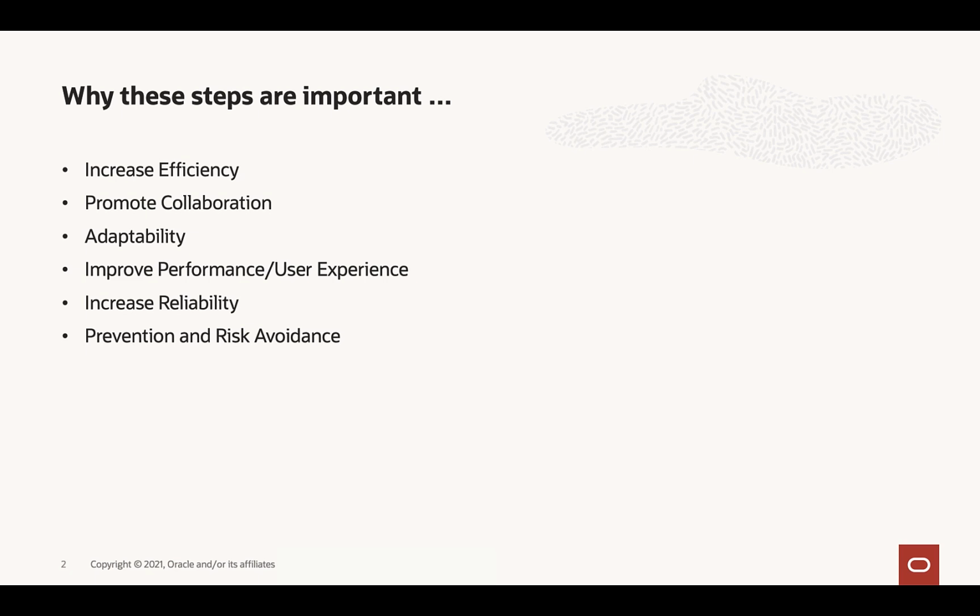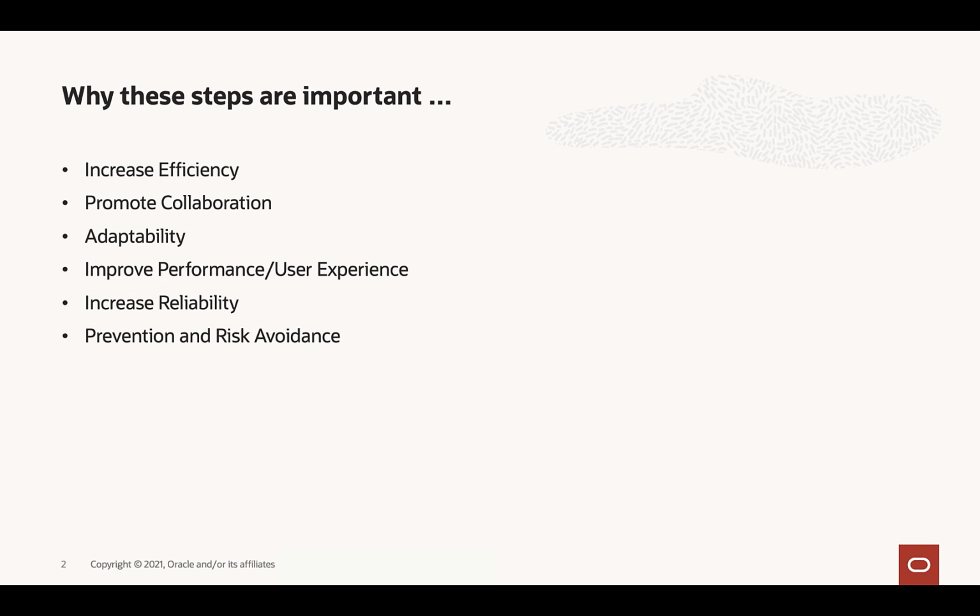The framework we'll be reviewing today is important for a variety of reasons. In combination, these steps will increase efficiency of your Java environment. We anticipate they will help promote collaboration among your cross-functional teams, and an improvement in your adaptability and your ability to pivot.